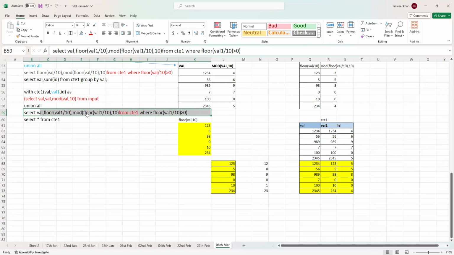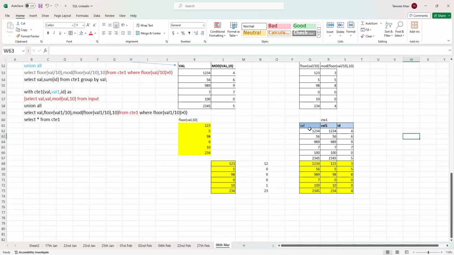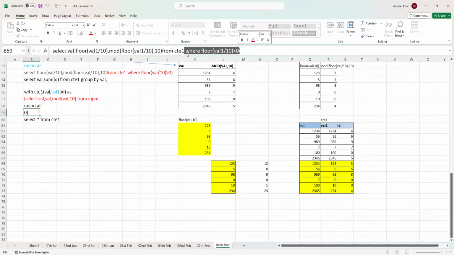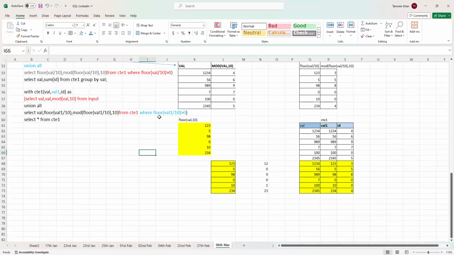So the second time this query is executed, from CTE1, which keyword will be executed? Where. In the where, what is the condition? You are checking whether this is greater than 0 or not.